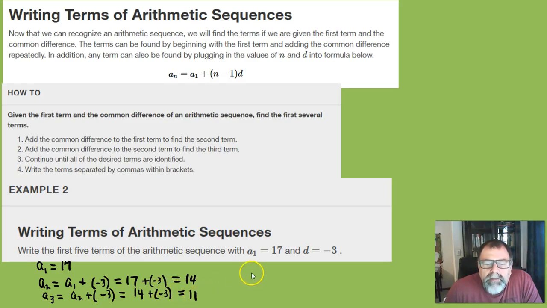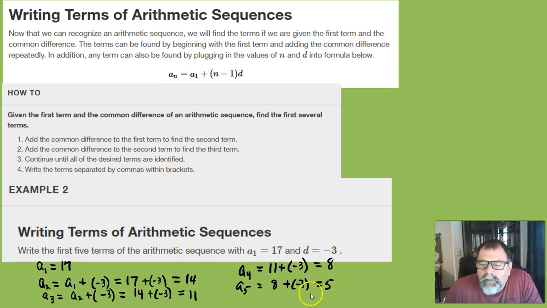So you get 11. And then a sub 4, I'm not going to write this, it'll be 11 plus negative 3, which is 8. And a sub 5 would be 8 plus negative 3, which is 5.